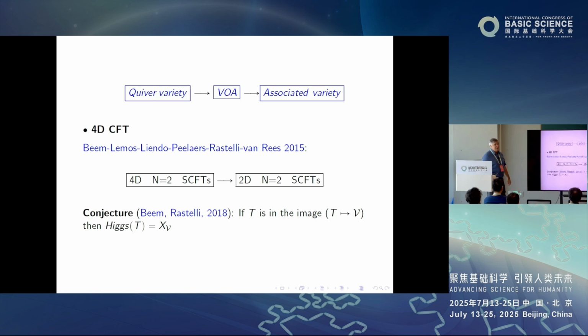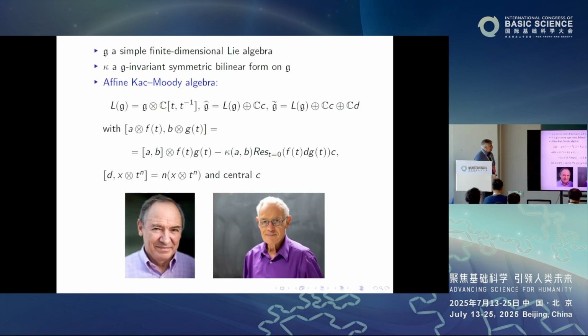As we heard, it should be a finite map. Again, the Higgs branch should correspond to the associated variety of the image vertex algebra on the right-hand side, conjecturally. This is the motivation for the whole story.